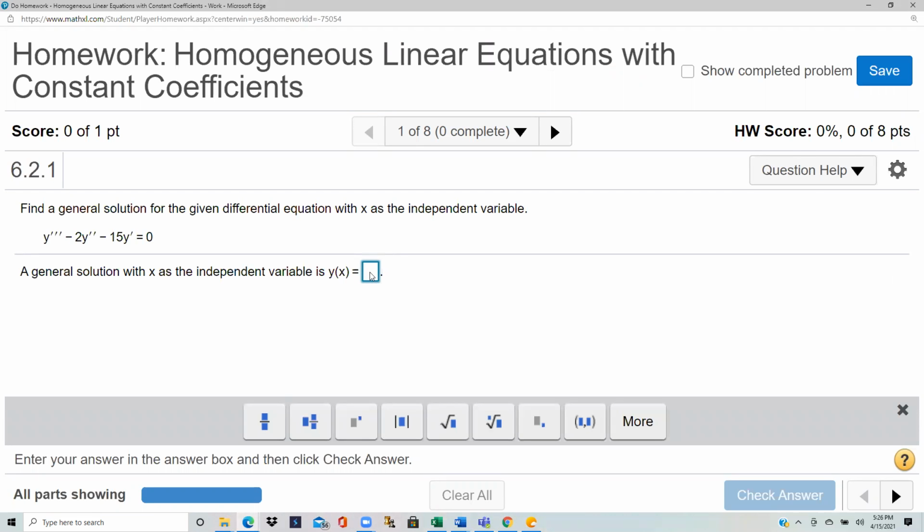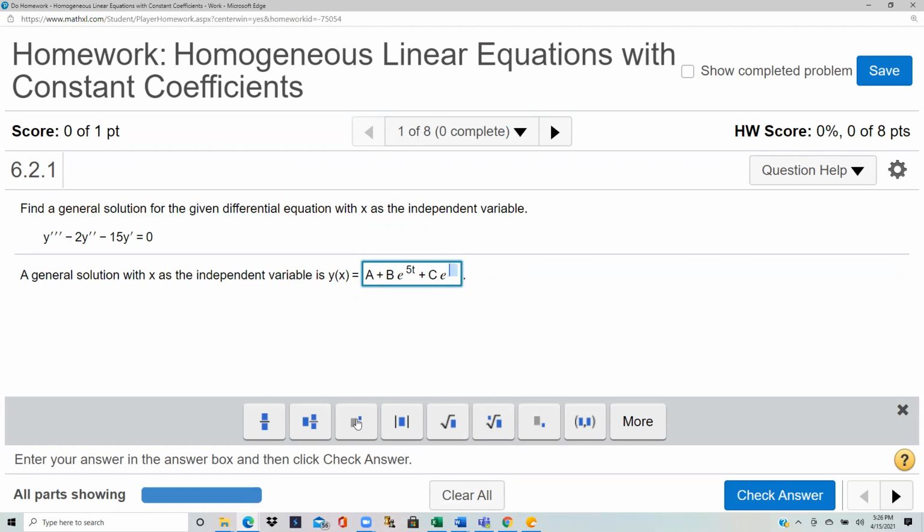Let's write an uppercase C. I guess it doesn't matter.